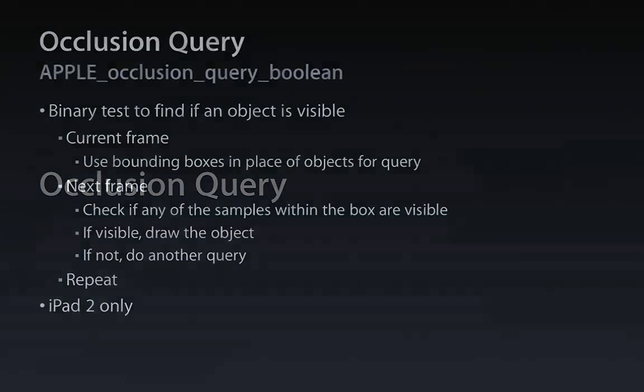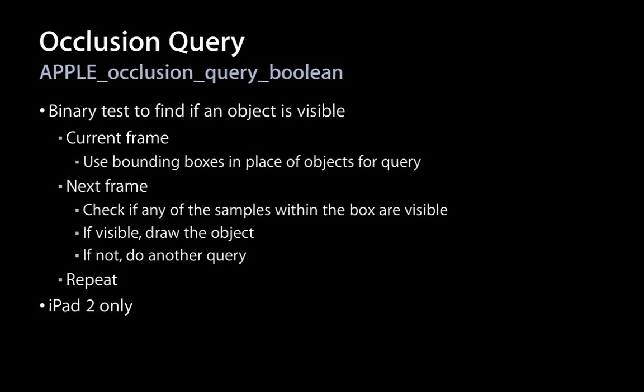And so this extension, Apple Occlusion Query Boolean, allows you to do a binary test to find out if any of the samples from this object that might be occluded is reaching your render target. So the advantage is if your object has 10,000 vertices, you use a bounding box instead, and you draw it without affecting the color and depth buffers.